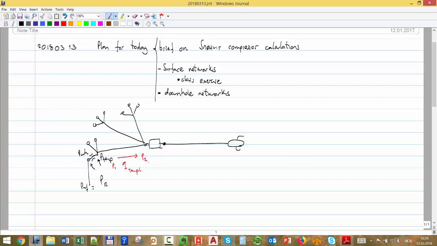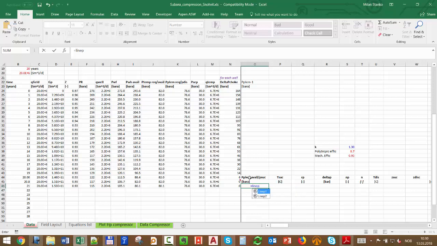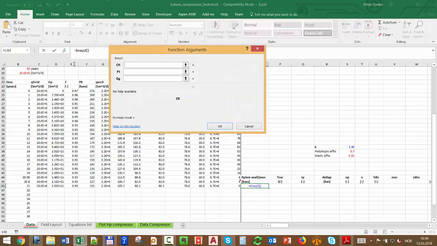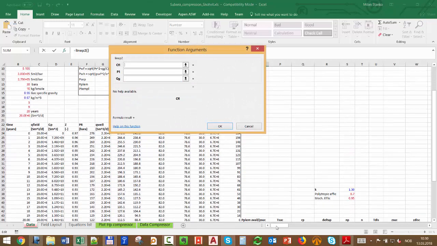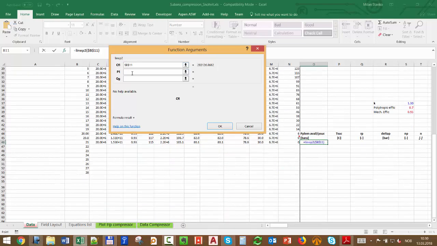Yes? So P2 is my unknown. So I come here and I use just that simple equation, line P2. I have to be careful to use the right line. The flow line coefficient will be the flow line from template to plem, this one. Remember to block it, otherwise it becomes a mess.